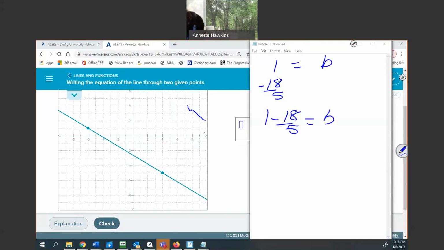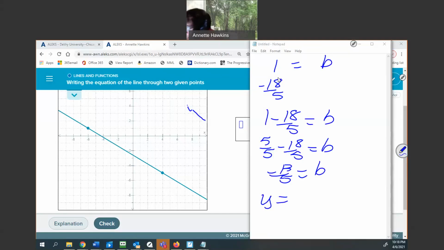Let's change this 1 to fifths. 5/5 minus 18/5 equals b. 5 minus 18 is -13/5, which is equal to b. So let's see what we found, that the slope was -3/5, and now the y-intercept is -13/5.